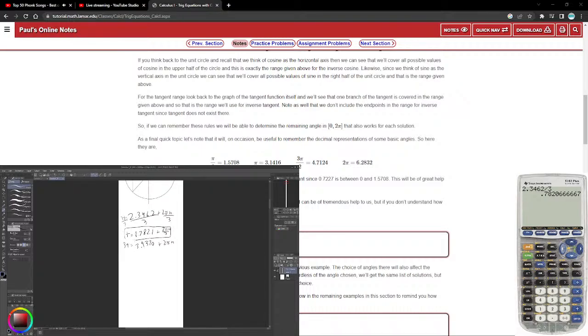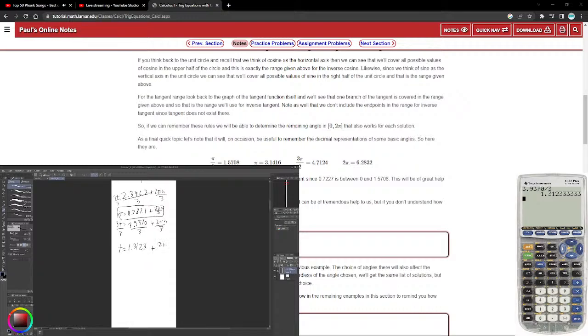So I'll just circle this whole thing, square it, divide by 3 on the bottom. T equals 3.9370 divided by 3, 1.3123 plus 2 pi n over 3.